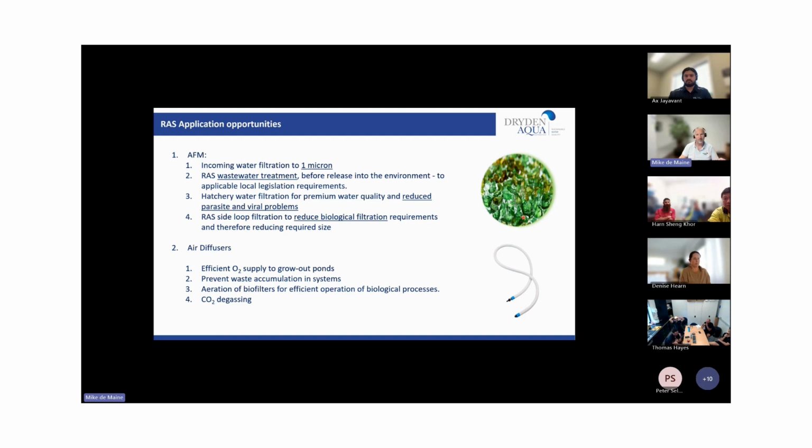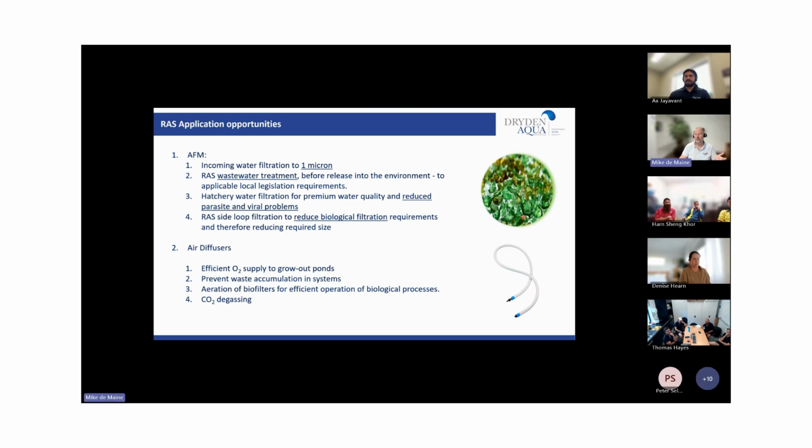So by using the AFM as an intermediary step to remove more of the fine particles, you can dramatically increase the efficiency of your biological filters. Or if brought in right from day one, you can have a much smaller biological surface area than what has generally been required previously. Okay.